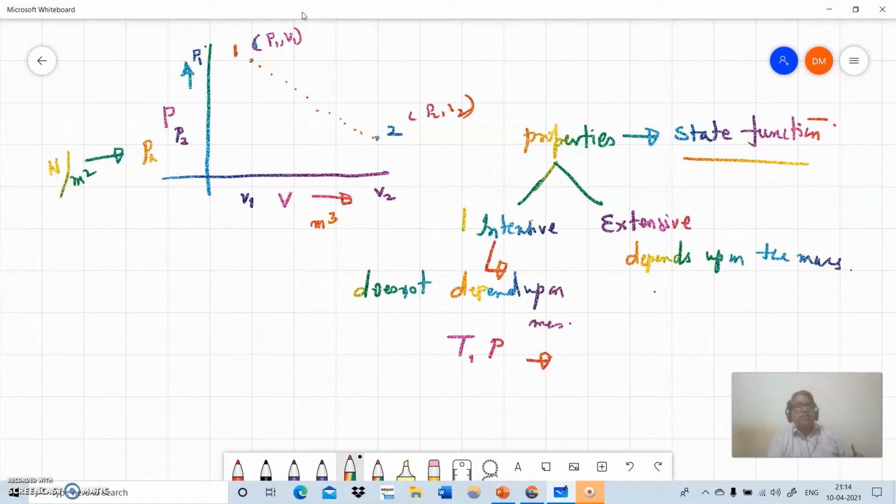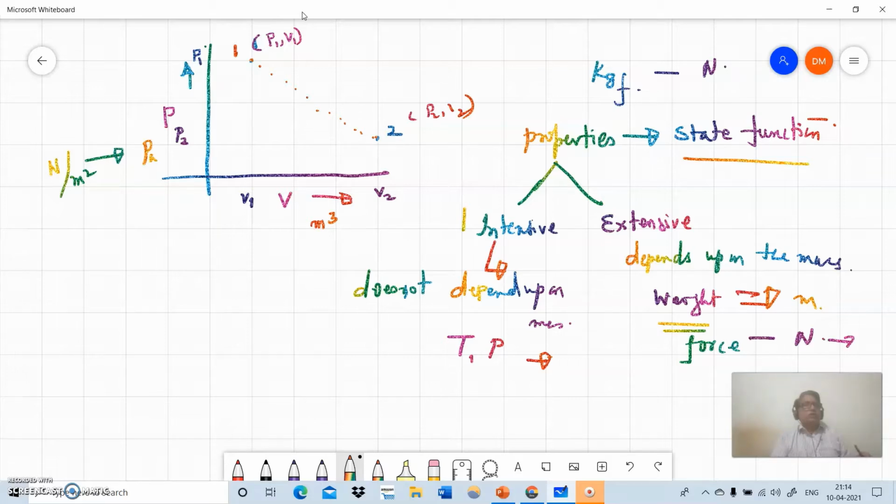Say, for example, weight, if you take it. Weight depends upon the mass, right? Weight is nothing but the force. In case of MKS unit, we calculate it as kilogram force. In SI unit, it is called newtons, right? So a force is nothing but a newton.